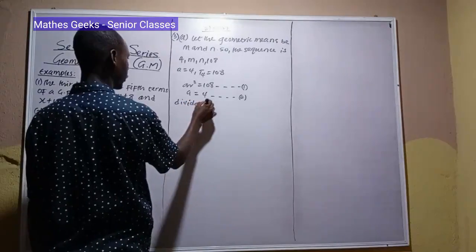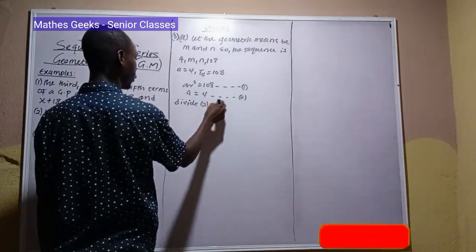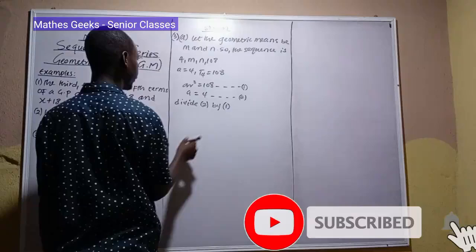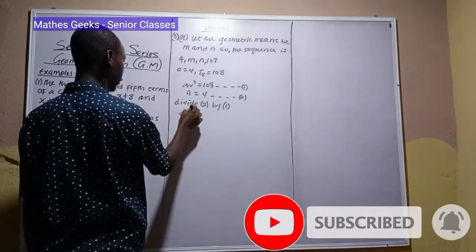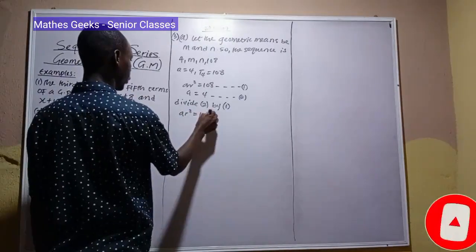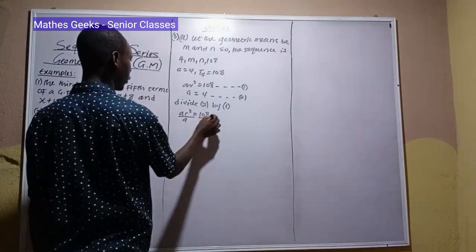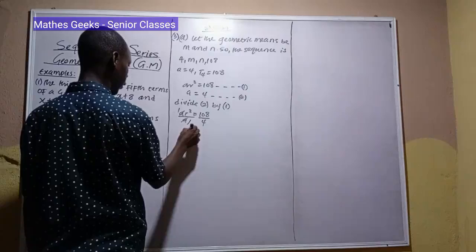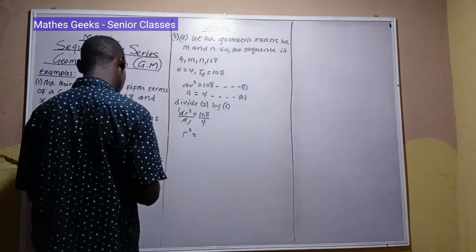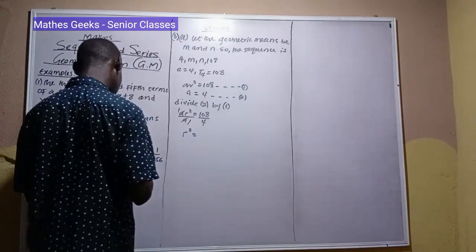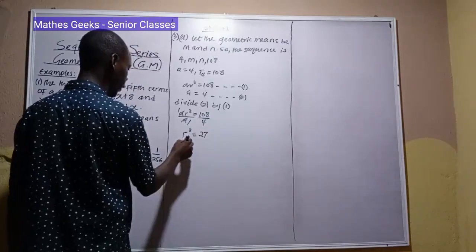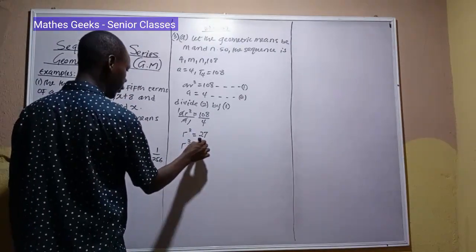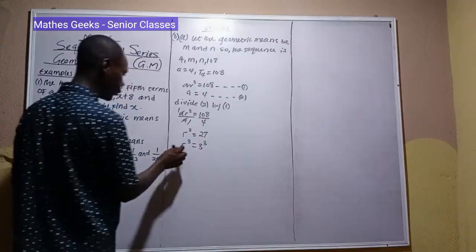Divide equation 1 by equation 2. So ar to the power 3 over a is 108 over 4. So r to the power 3 is 27. So r to the power 3 is equal to 3 to the power 3.